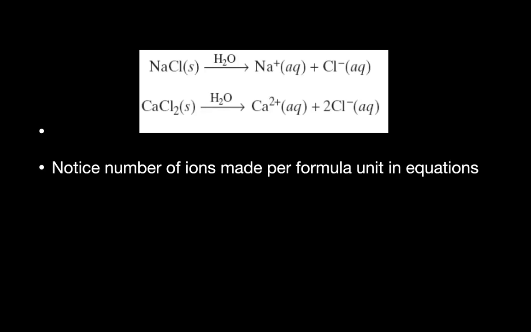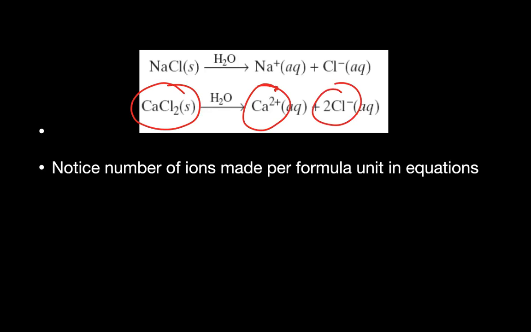The first thing that we want to look at is the number of ions that are separated compared to the formula unit in a balanced equation. What I mean is, if you have 1 mole of calcium chloride, and you dissolve that in water, you're going to separate 1 mole of calcium ions and 2 moles of chloride ions.